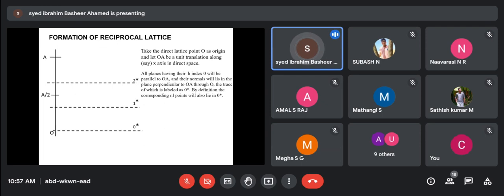Then all planes having H index 0 will be parallel to OA, and their normals will lie in the plane perpendicular to OA through O. The trace of which is labeled as 0 star, 1 star, 2 star, and so on. By definition, the corresponding lattice points will also lie in 0 star.